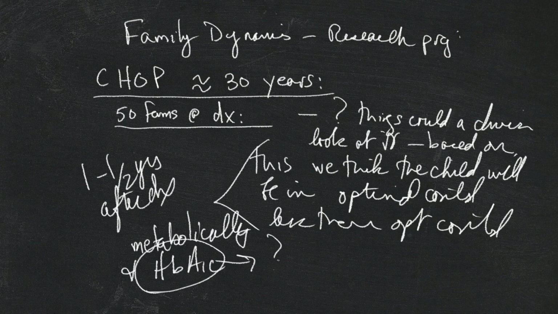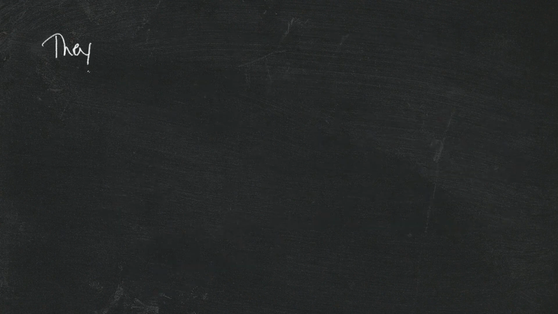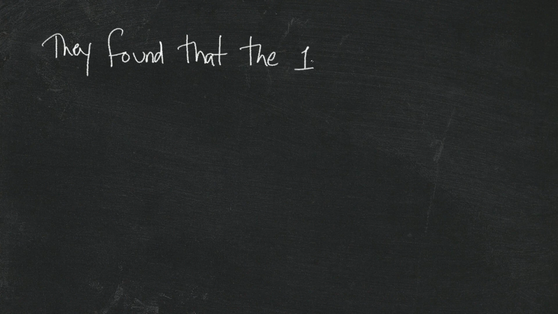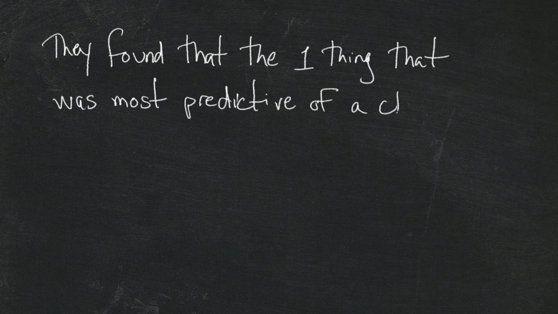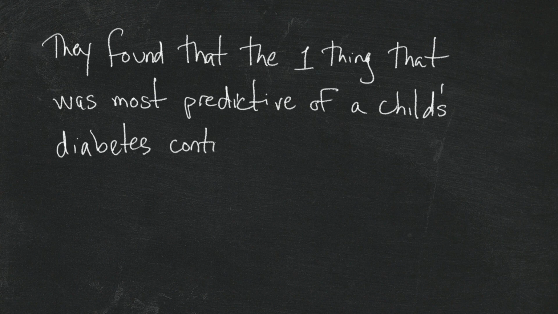Now, what do you think that variable was? Well, what they found out in that study at Children's Hospital of Philadelphia about 30 years ago, when they were looking at 50 families at the time of diagnosis, about what thing was the one thing that could give a clinician a predictive tool to say, based on this, a child's control will be that.